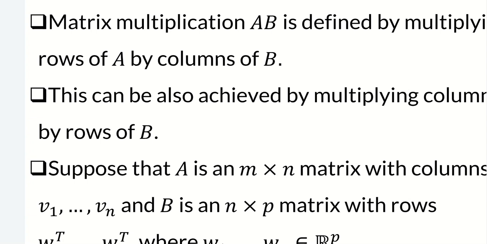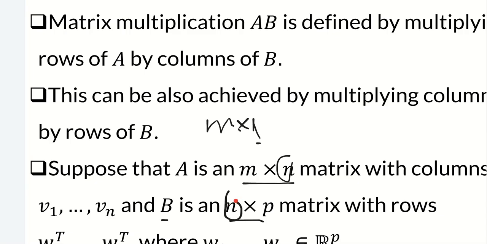So let's have a matrix like this. When you have this matrix m by n, how many columns does it have? N columns, right? Then I have another matrix, which is this. How many rows does it have?